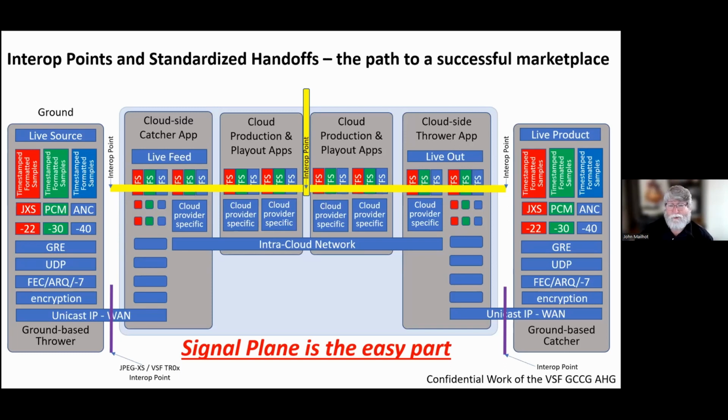And the work in progress is how do we identify those senders and receivers in a way that something can match them up at runtime. All that said, that's the work of the VSF cloud to ground, ground to cloud group. And I look forward to any questions you have before I turn it over to Mr. Gomer.